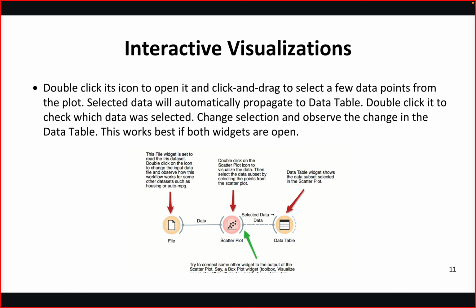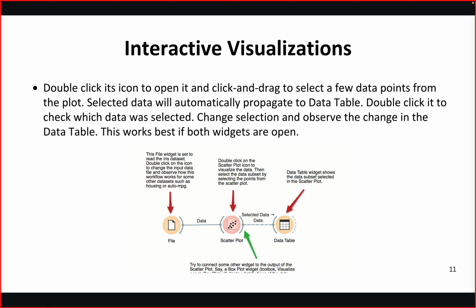And in Orange 3, that's called interactive visualization. What does that mean? If we have a scatter plot on the screen here, we can manually select a small part of the data points.